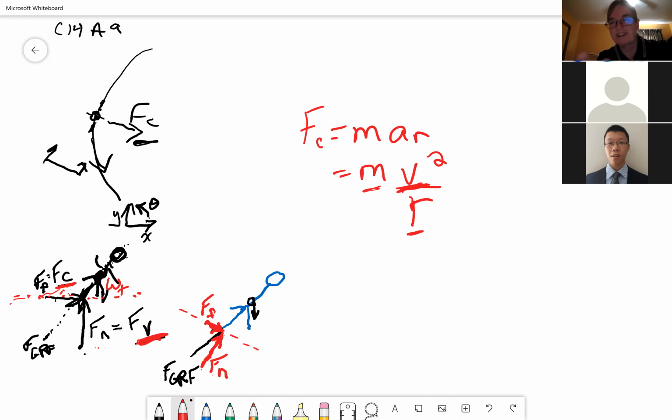The smaller r is, the tighter the turn. The tighter the turn and the faster the velocity, the more radial acceleration we need, which means the greater the centripetal force is. So the faster we go around a curve, the more centripetal force we need, and therefore the more frictional force we need in order to create that centripetal force.